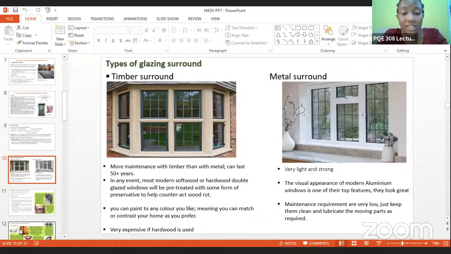It could be expensive if you use a very hard wood. However, the metal surround is what we call aluminum. It's very light and strong. So those are the differences between the two types of glazing surround, the timber and the metal surround.